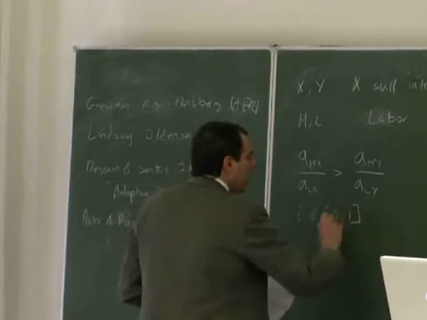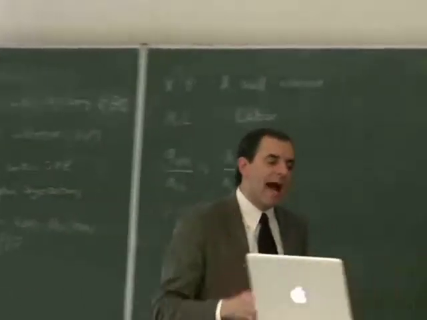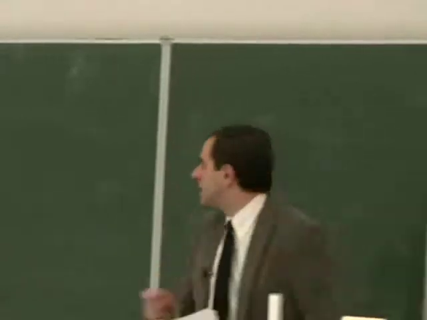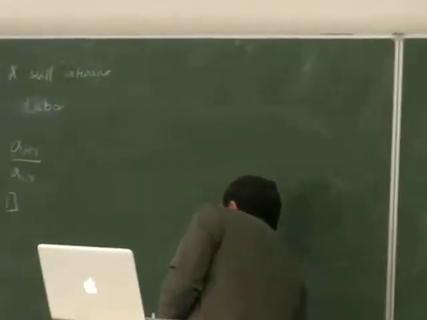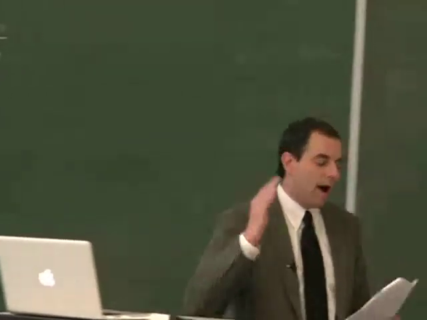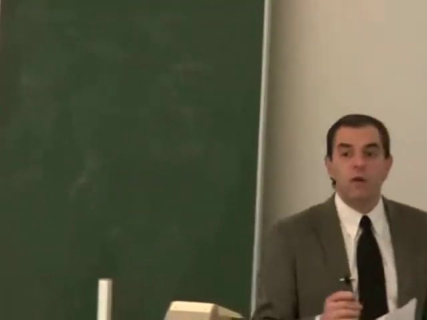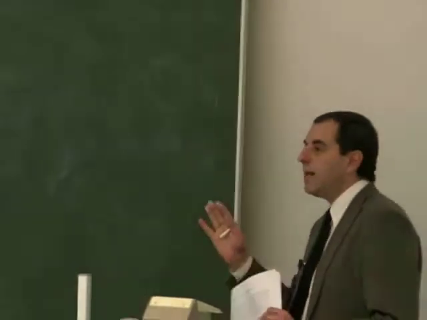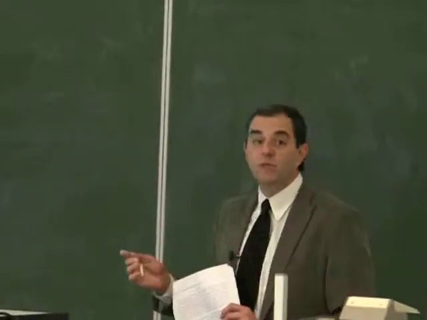We're going to think of these tasks as being organized in order of their routineness. So tasks at the low end of that interval are the most routine, and tasks at the high end of that interval are the least routine.